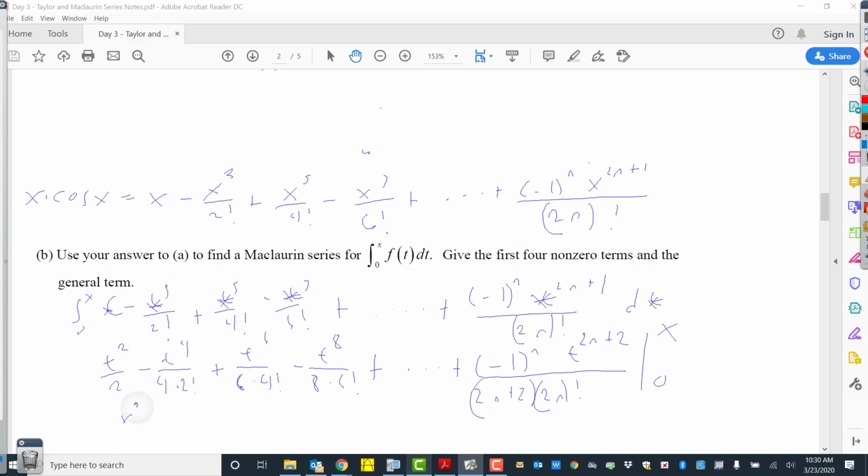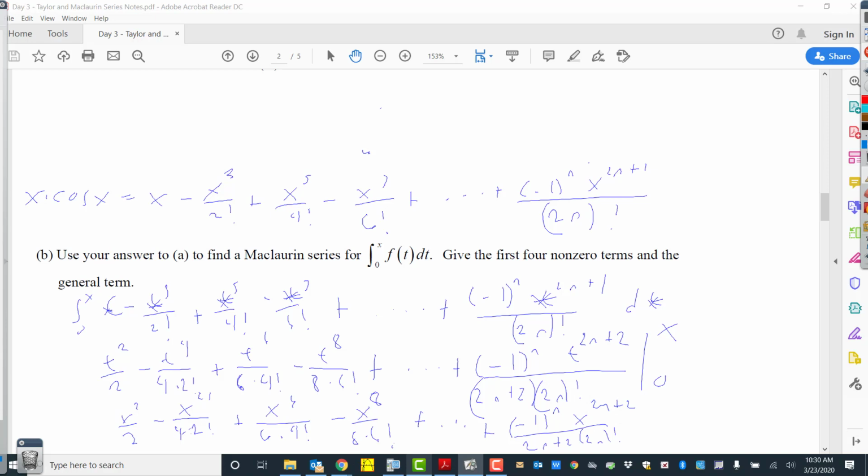So our integral is just x squared over 2 minus x to the 4th over 4 times 2 factorial, plus x to the 6th over 6 times 4 factorial minus x to the 8th over 8 times 6 factorial plus dot dot dot, and I'm running out of space here, negative 1 to the n over 2n plus 2 times 2n factorial times x to the 2n plus 2.